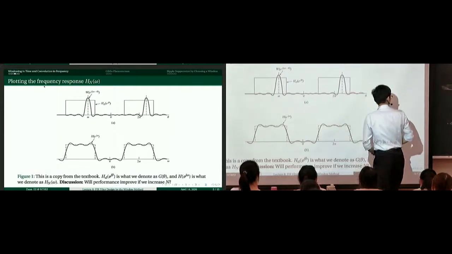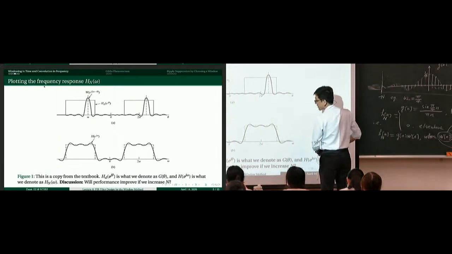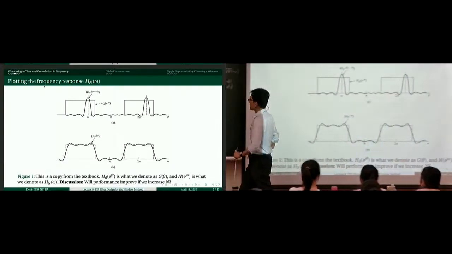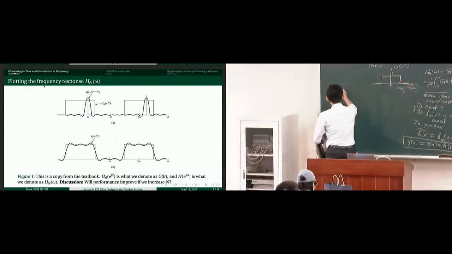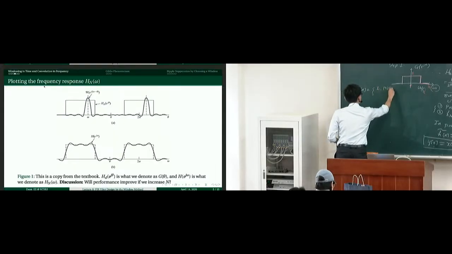So maybe it's good to do some sketch again. Sketch time. If W is something in time, so in our case, 1 in the range, and 0 otherwise, and we'll see a few other windows. This is our rectangular window.